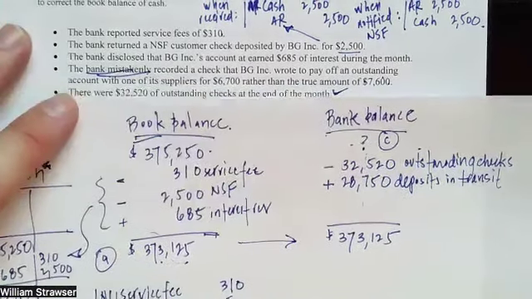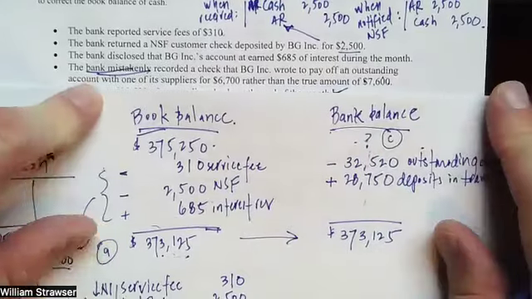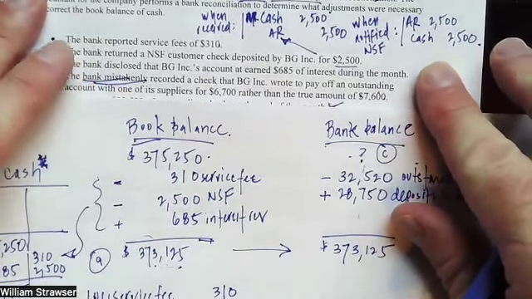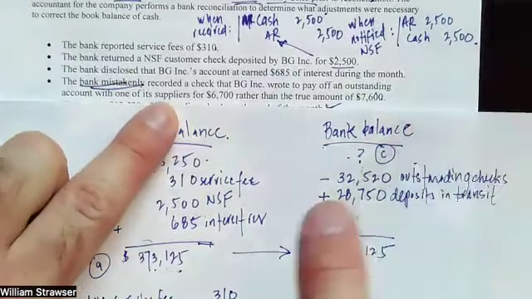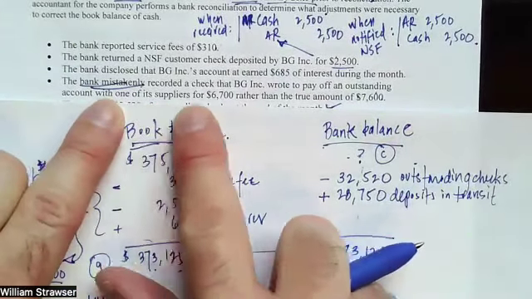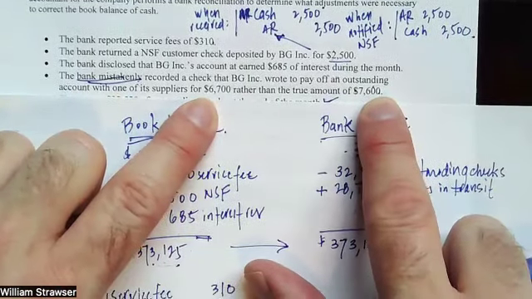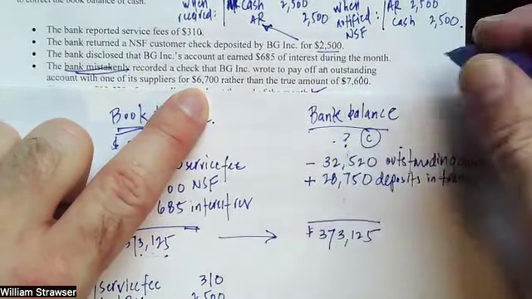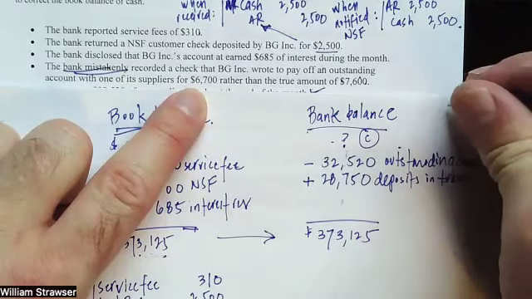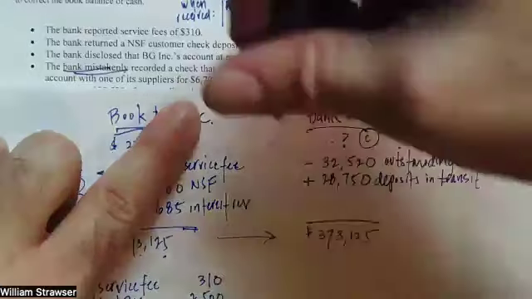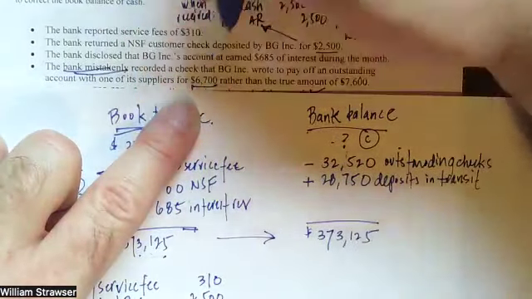The error, so the bank mistakenly recorded a check that BG Inc. wrote. The bank recorded it for 6,700 rather than the true amount, 7,600. So basically, what happened with the error was the bank subtracted $6,700.